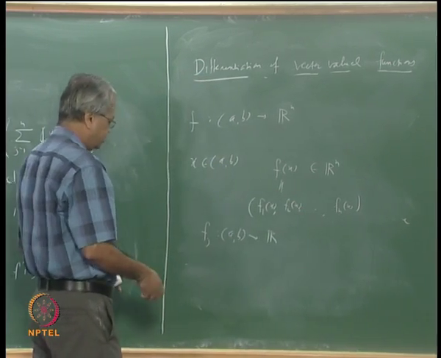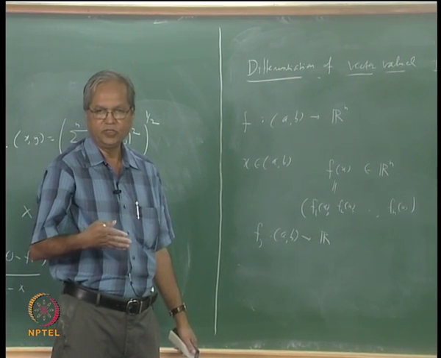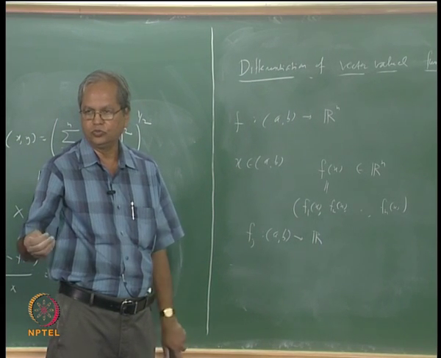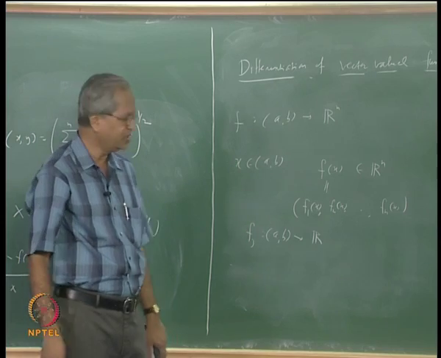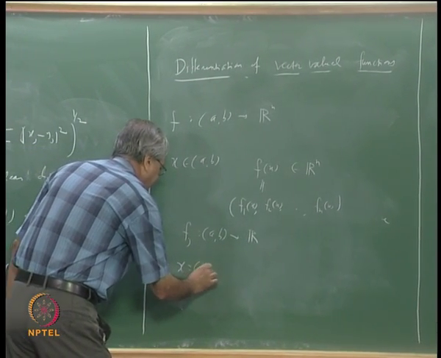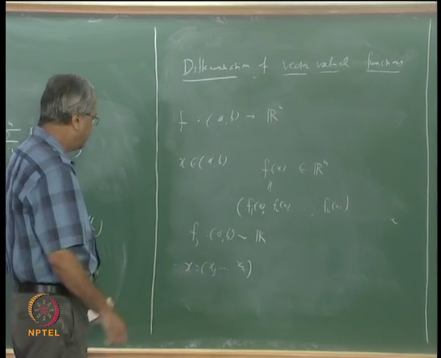Just as we had seen that in case of a complex number z equal to x plus iy, we wrote that mod x is less than or equal to mod z and mod z is less than or equal to mod x plus mod y, similarly suppose you take x equal to (x1, x2, ..., xn), and you take any norm on this.